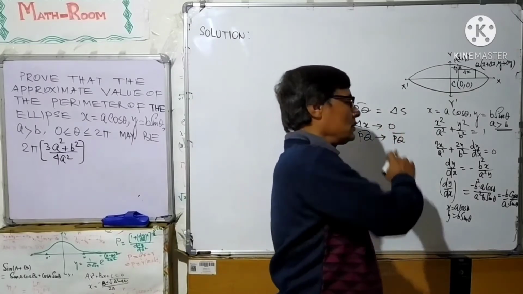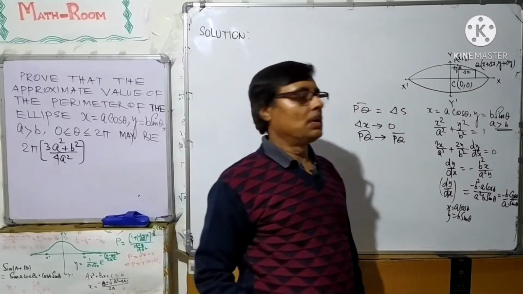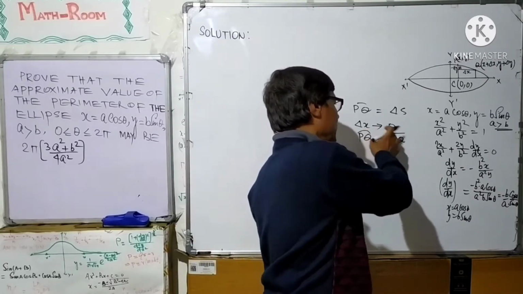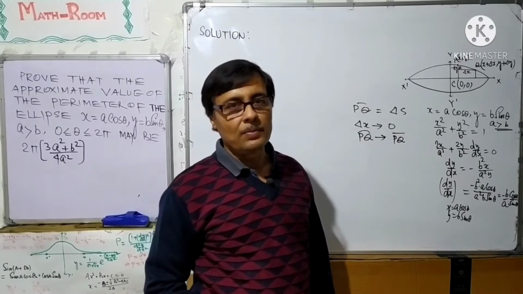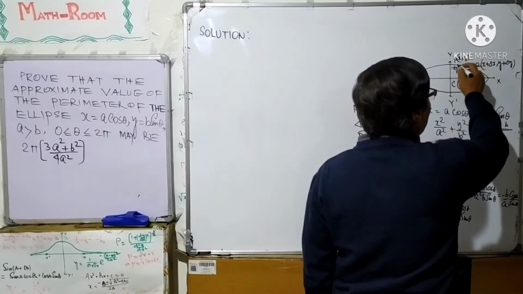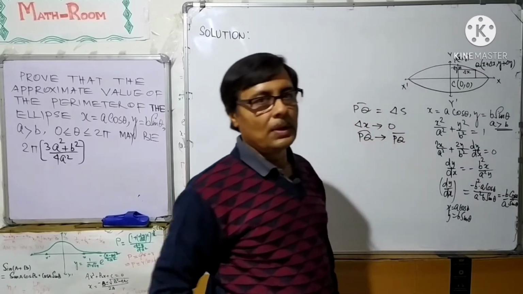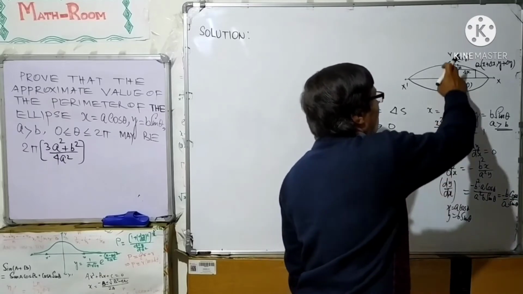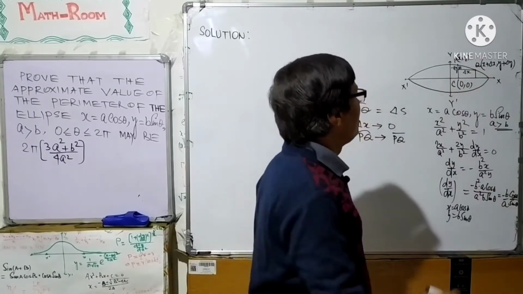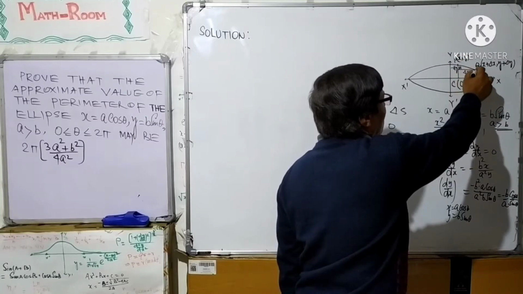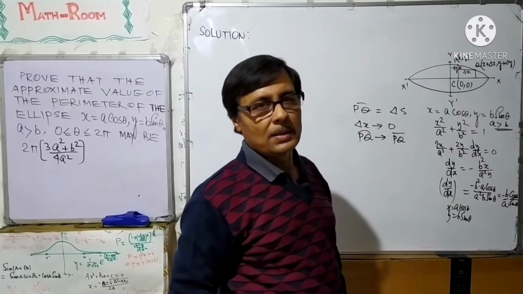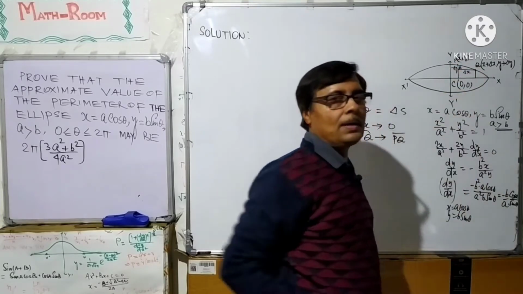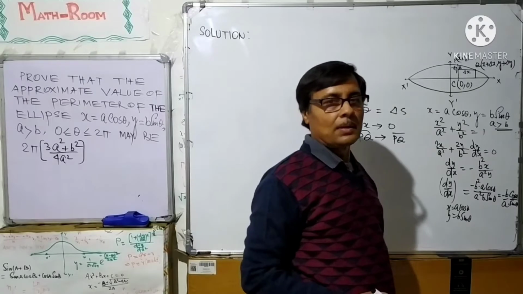As del x tends to 0, the arc PQ tends to the line segment PQ. So PRQ will be a triangle which is also a right angle triangle. PQR is a right angle triangle, because PR, QR and PQ are all line segments.